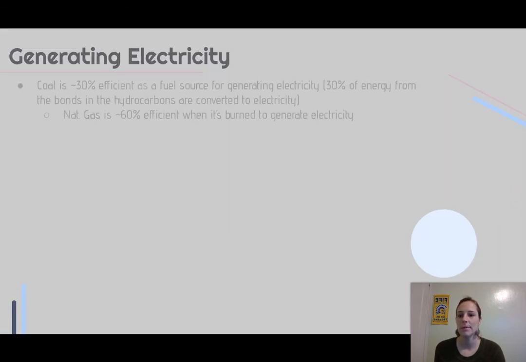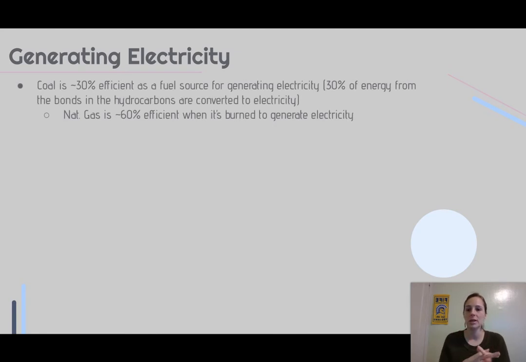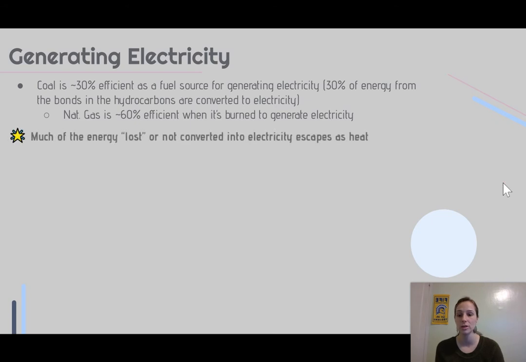So now let's talk about generating electricity. Coal is about 30% efficient as a fuel source. So that means that 30% of the energy from the bonds in the hydrocarbons is actually converted to electricity that we can use. Natural gas is much more efficient. It's actually about 60% efficiency when it's burned to generate electricity. But you might notice these are still not like 100%.